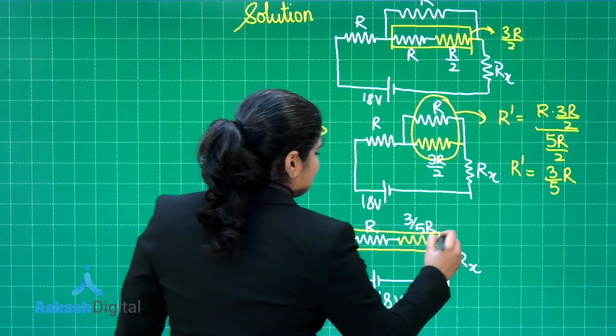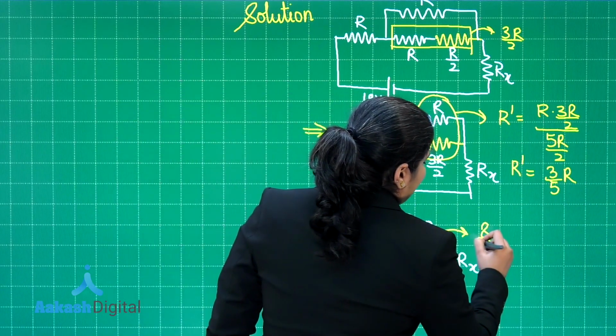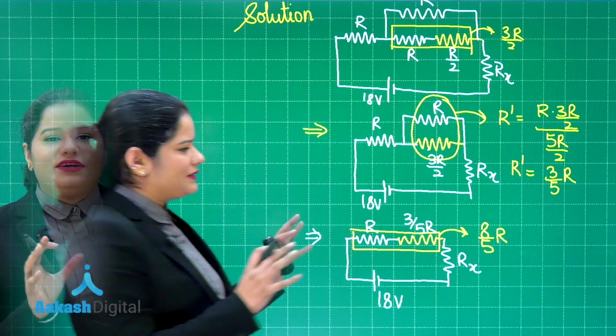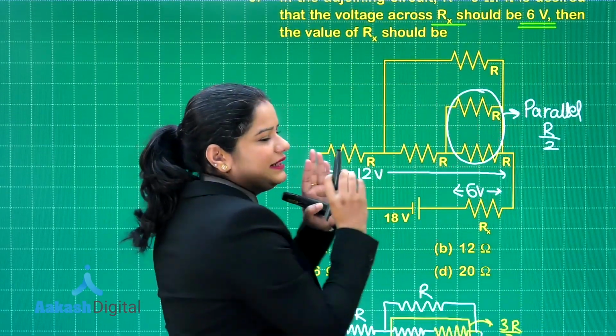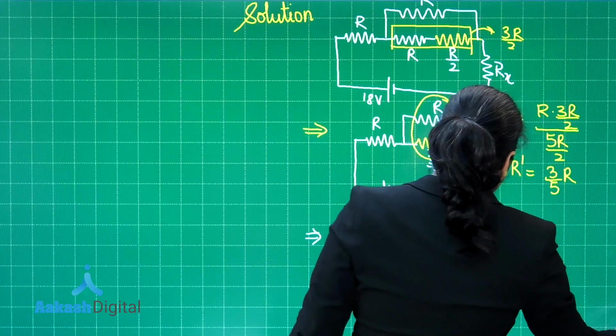These two are connected in series, so their resistance will be 8 by 5 R. Okay, so we have calculated the equivalent resistance for this part of the circuit. This part of the circuit has the equivalent resistance 8 by 5 R.